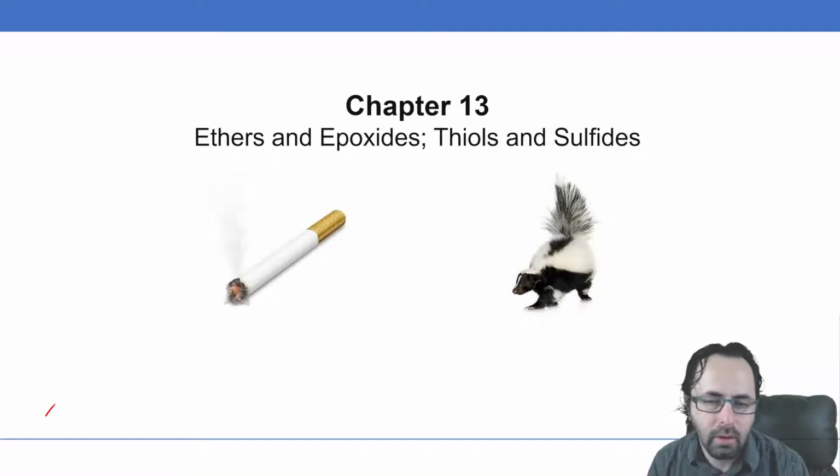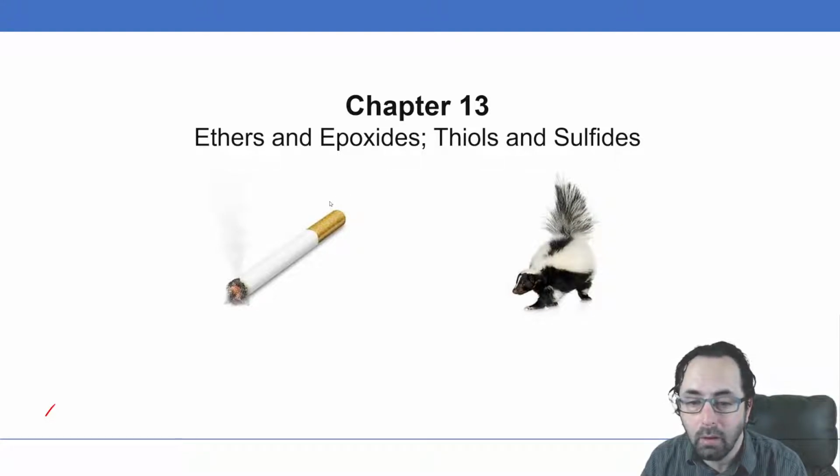This chapter also has information about thiols and sulfides, and we'll talk a little bit about that, but we'll mostly not be covering that in a lot of detail. So epoxides here are highly reactive compounds that we can use in synthesis reactions to make other compounds.